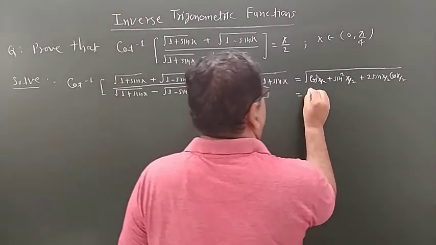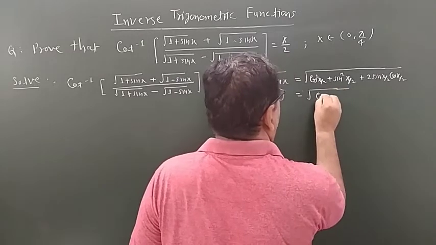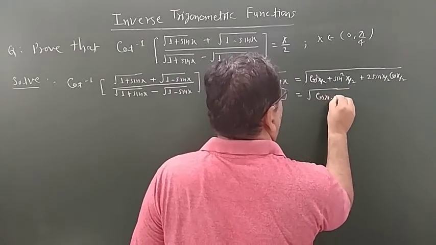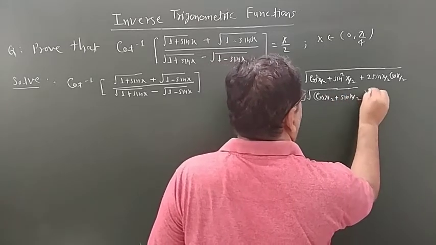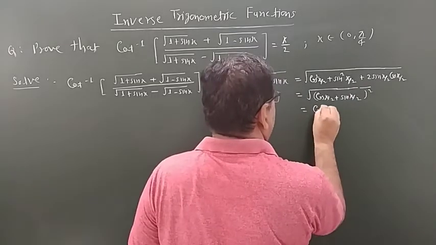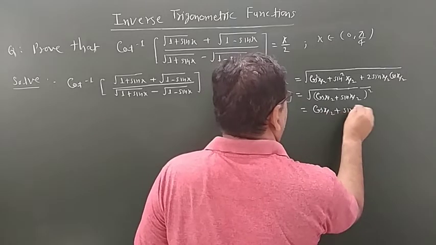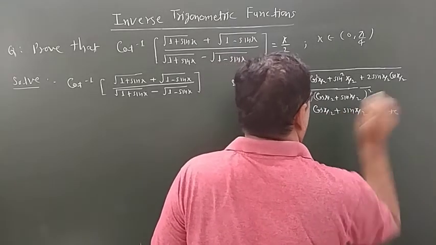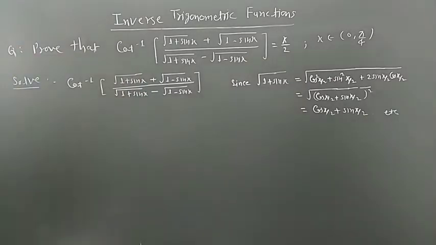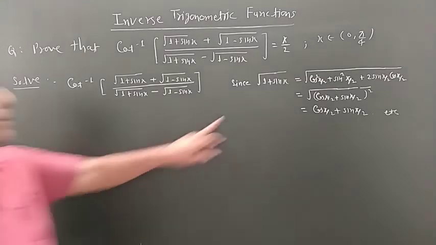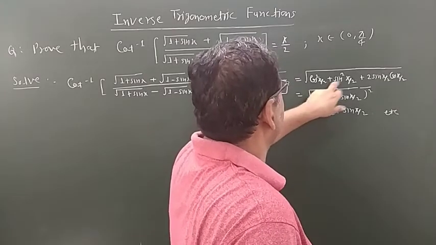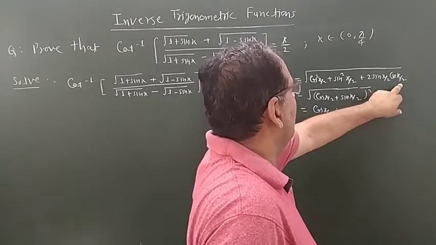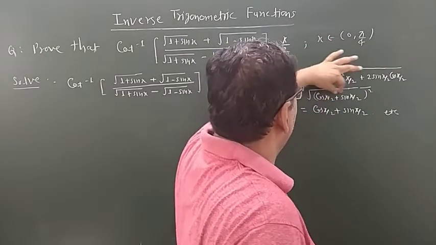This can be written as square root of (cos x/2 plus sin x/2) whole square. So under root 1 plus sin x can be expanded: 1 can be written as cos square x/2 plus sin square x/2, plus 2 sin x/2 cos x/2. This is the whole square of cos x/2 plus sin x/2.